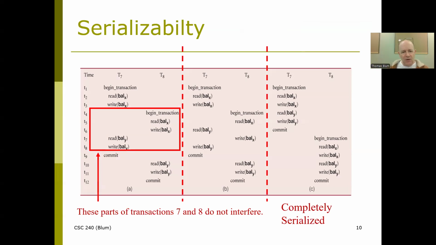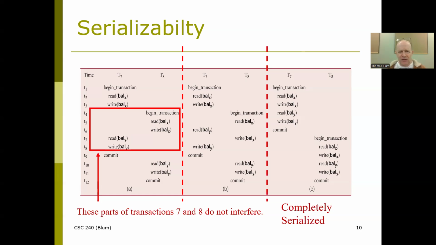So this is some data, some transactions that are serializable, that can be put in such that all of one transaction happens and then all of the other transaction happens, and there's no interference even though they involve some reading and writing.